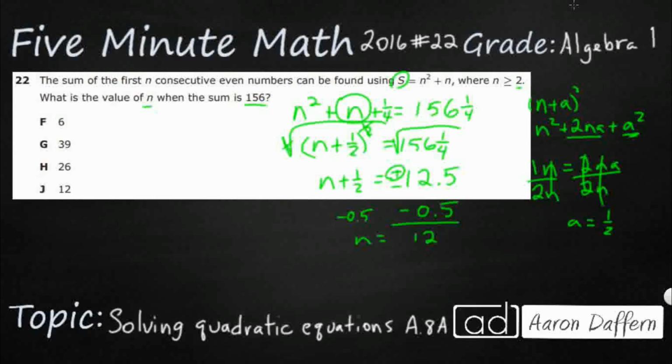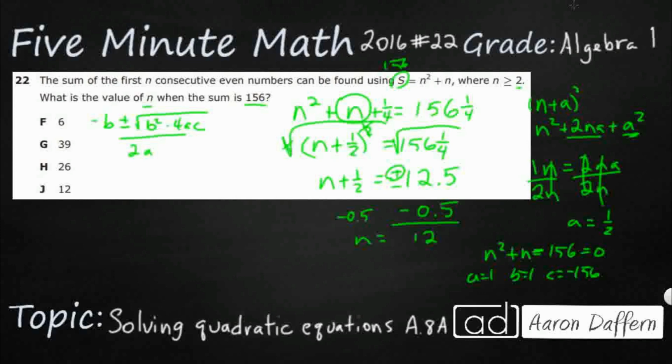We also could have used the quadratic formula, right? So the quadratic formula is negative b plus or minus the square root of b squared minus 4ac, over 2a. And when we're looking at that, we do need to make sure we've got n squared plus n minus 156 equals 0, just so I know my a equals 1, b equals 1, c equals negative 156.